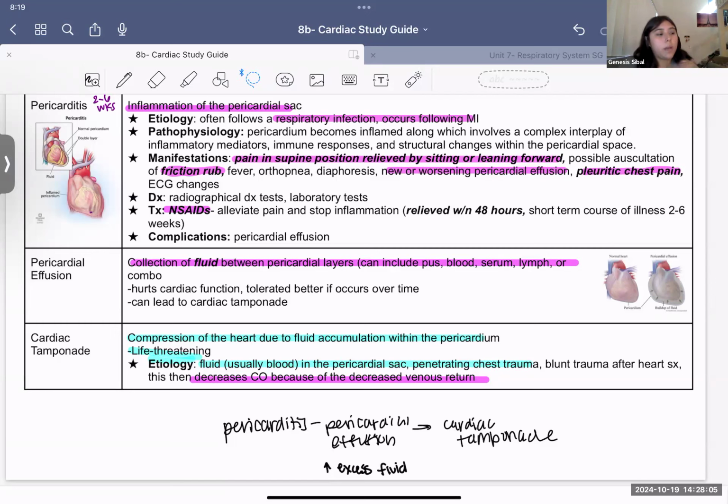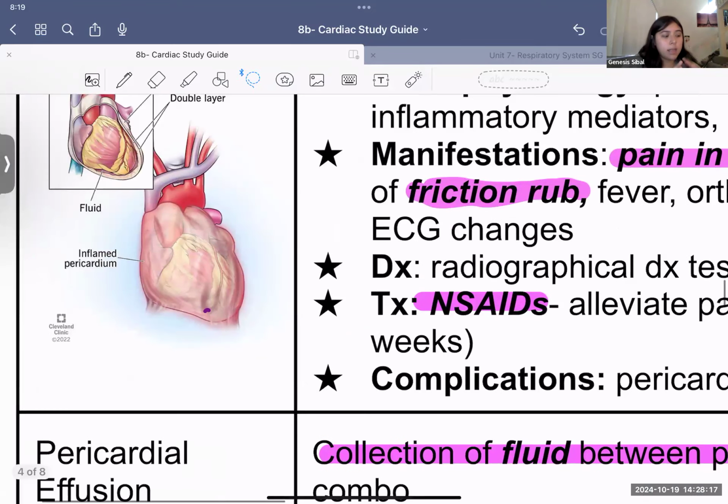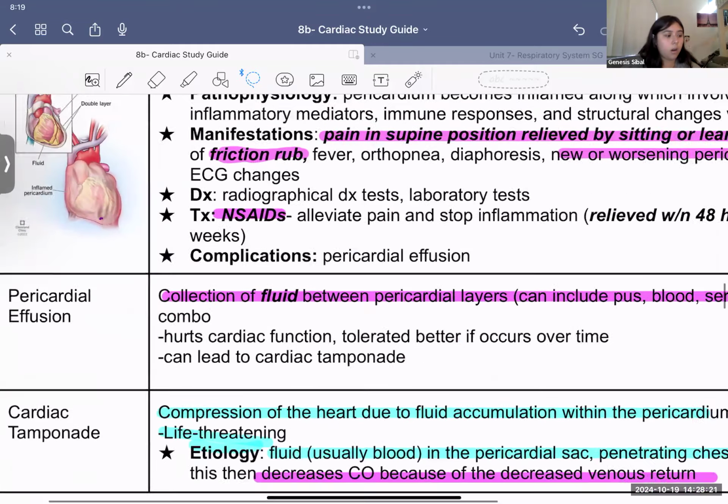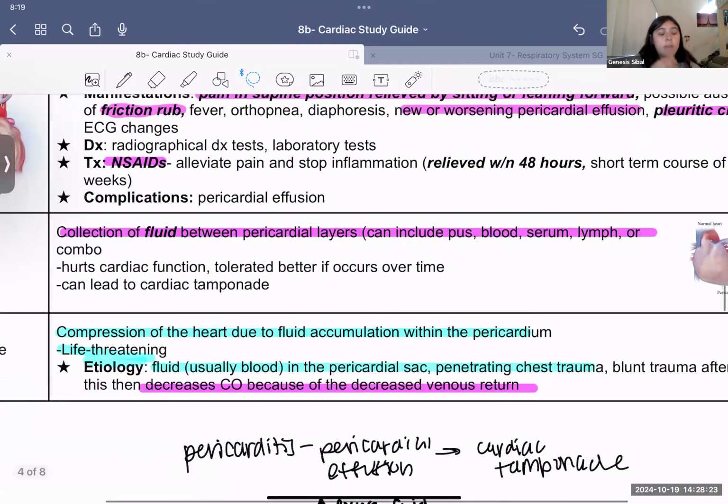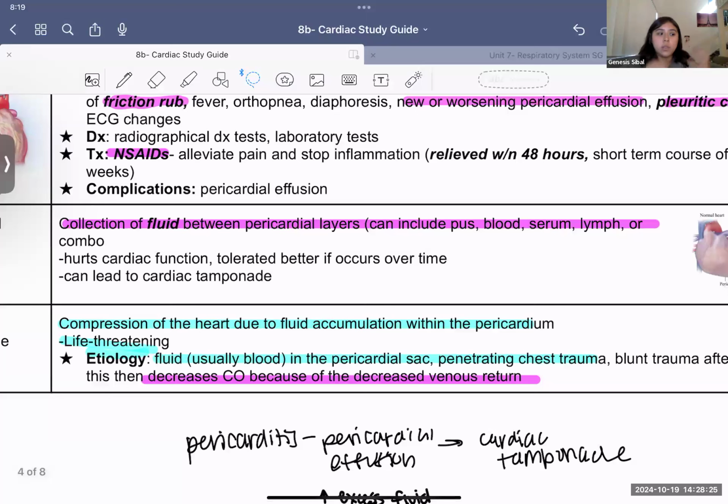And I would think about it too, with the pericarditis that friction rub, right? It's rubbing against it, it's inflamed. So you're having that chest pain, you're having that pericardial space be inflamed because it is the outer layer of the heart. So of course it's going to have excess fluid and try to decrease that friction of what's going on. And because of that, that can lead to too much fluid excess, and that's why you see pericardial effusion.